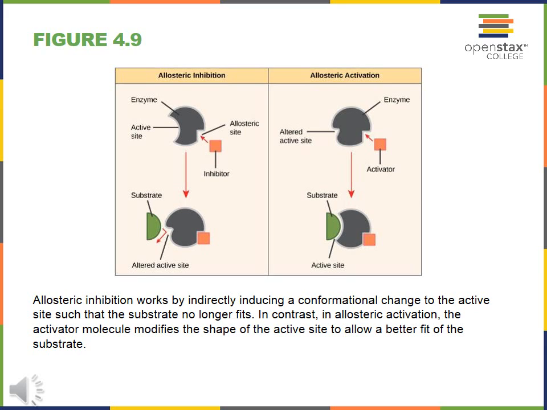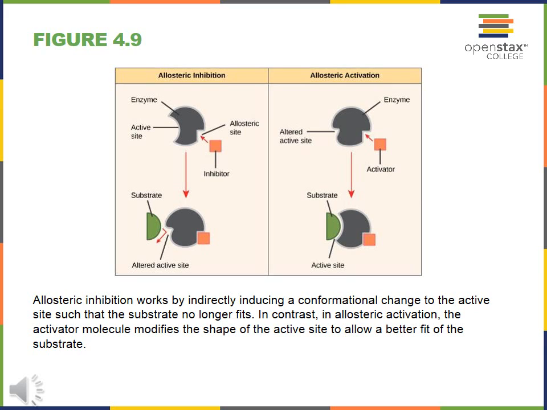You still have this activator, which is still depicted as an orange square. It's still going into the allosteric site, but notice we have the little tiny divot on the active site on the left hand side. It's not that nice big semicircle.